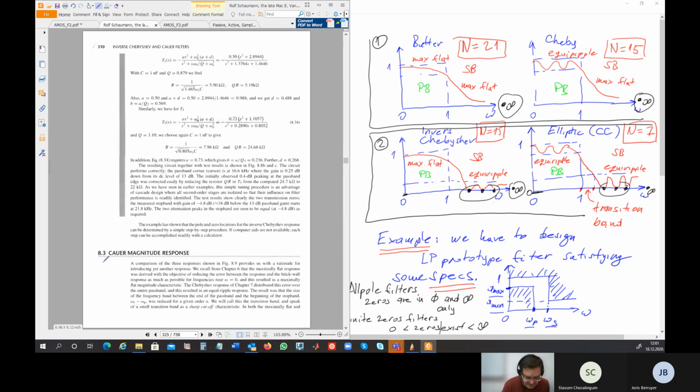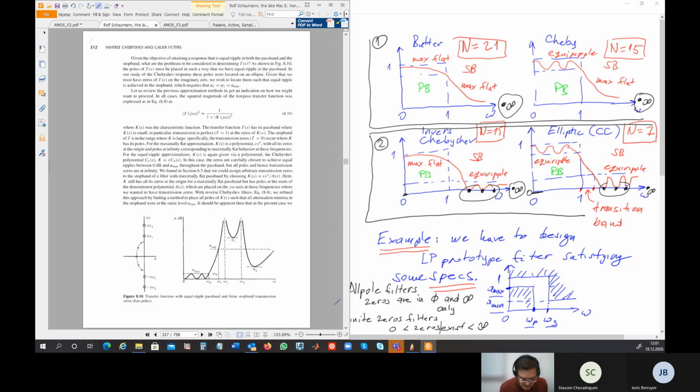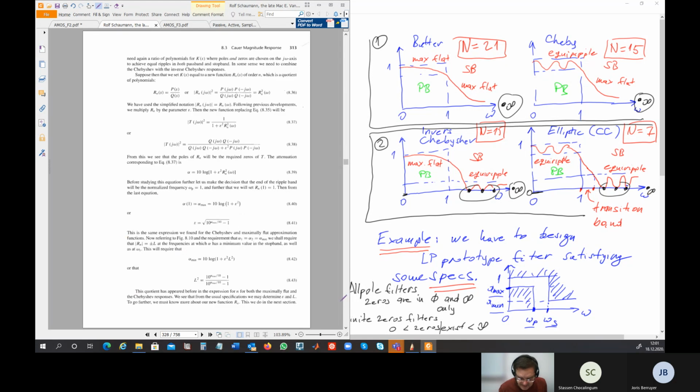Here is Cauer, 8.3. How you develop it. Here are pole and zero placement of Cauer. This is what we didn't write here today, but you have to look at this in the book. And then this is our rational function.